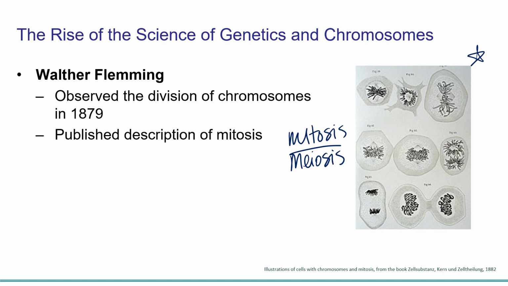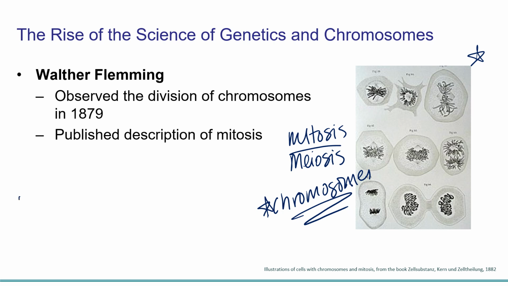Walther's diagrams of chromosomes really helped people understand that there was something being passed from one cell to the next, and it was those chromosomes. So that gave a potential vehicle for genetic information. And from there, people started really looking at chromosomes.